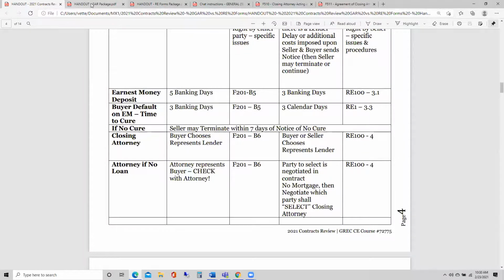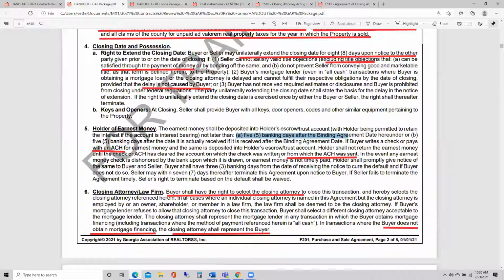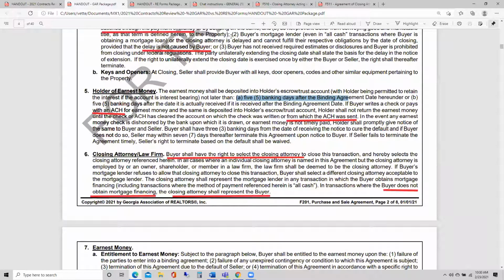Now, what happens if the earnest money, either the buyer never sends it or it is not honored by the bank? And it's not honored by the bank because there's no funds there, it's insufficient funds, or sometimes if there is a check written on a low check number, there are some banks that won't accept the check based on the check number.